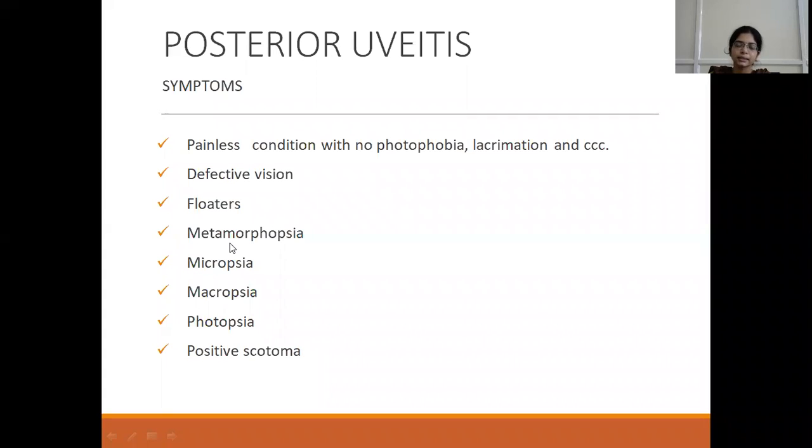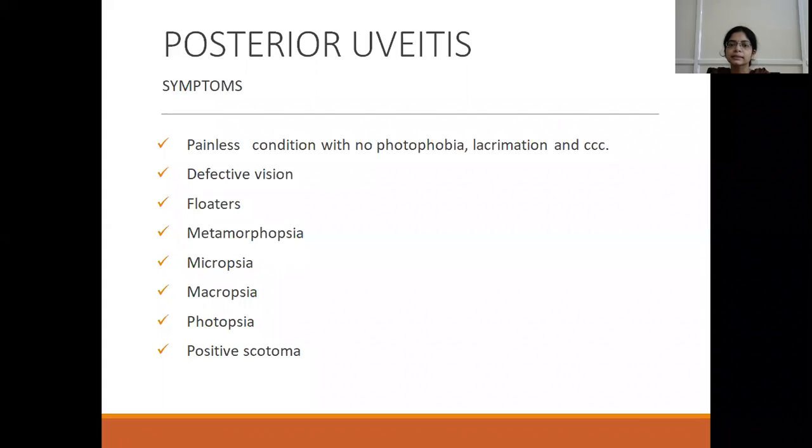Metamorphopsia is especially seen when the central macular area is involved, where whatever objects you see appear slightly distorted in shape; for example, straight lines may appear a little bit zigzag. Micropsia is when objects appear smaller than their normal size. Macropsia is when objects appear larger than the normal size. And photopsia is when there are flashes of light.